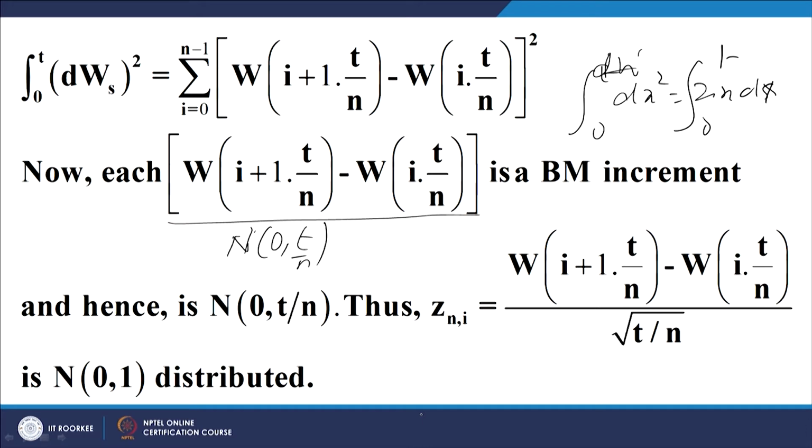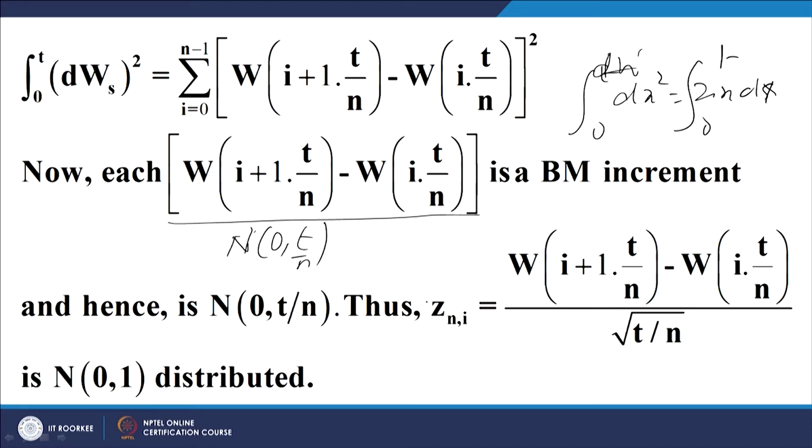Therefore, what does it mean? It means that if I divide this expression by root of t upon n, as I have done here, then I get a standard normal variate, because this numerator is distributed as N(0, t/n).